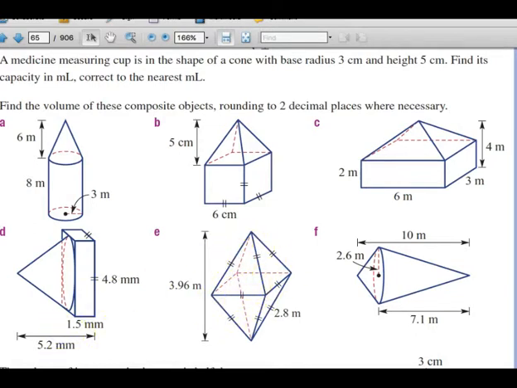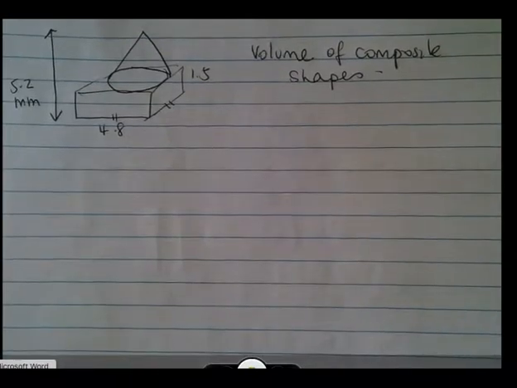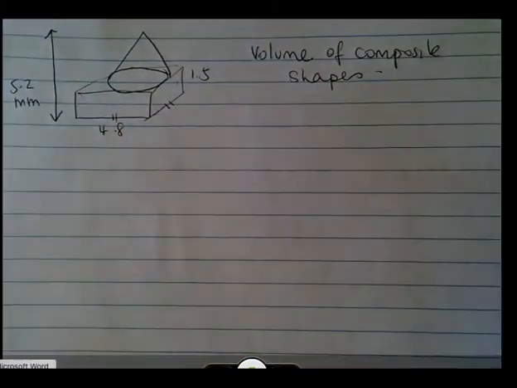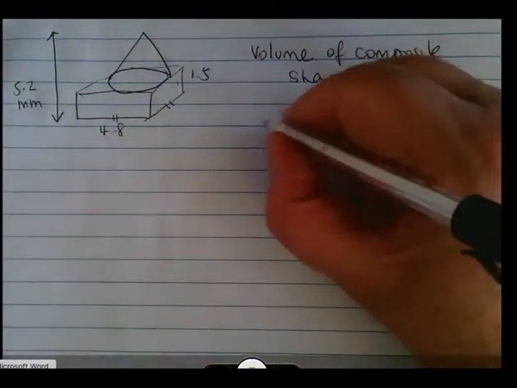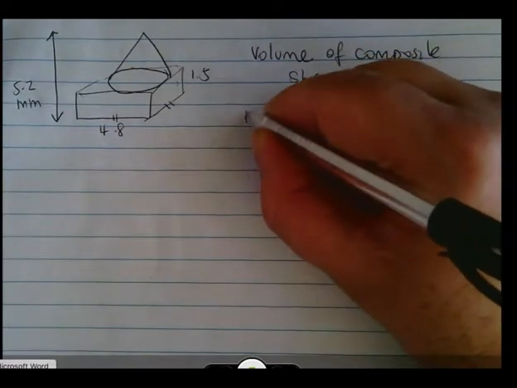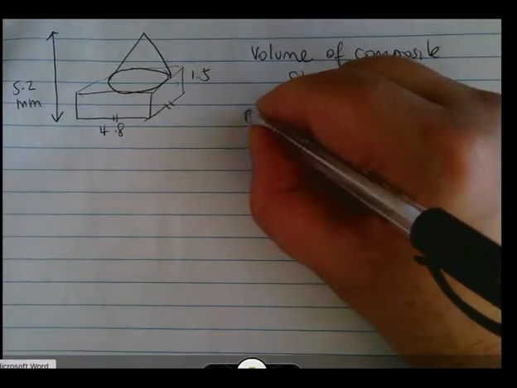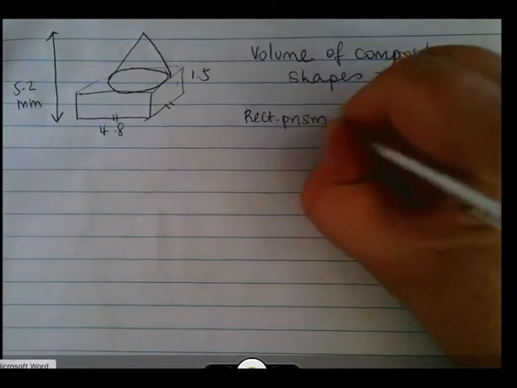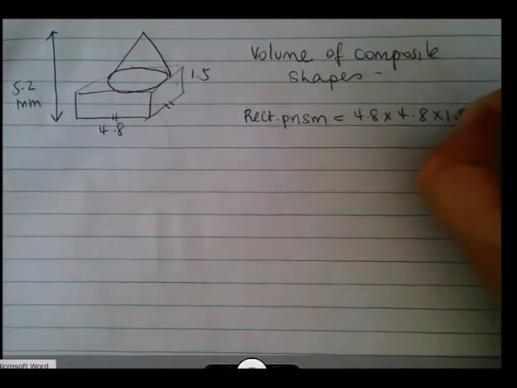Let's have a look. Volume of a prism is the area of the base times the height. But this is a cone. So let's just do, what 2 shapes do we have? So we've got a rectangular prism. So let's do the rectangular prism first. So what's the rectangular prism? So the rectangular prism is 4.8 times 4.8 times 1.5.